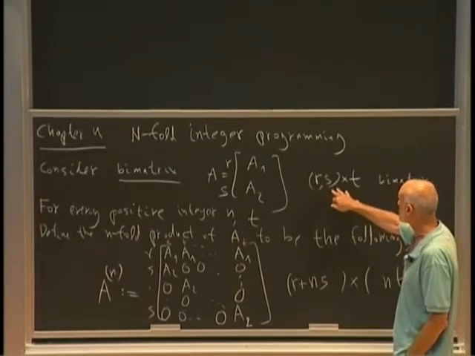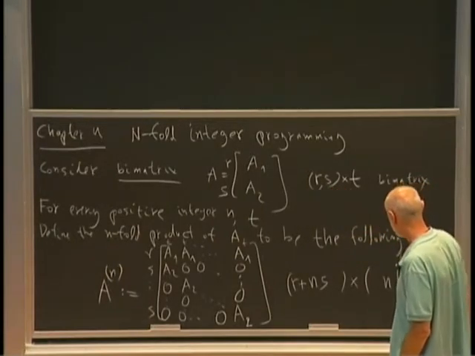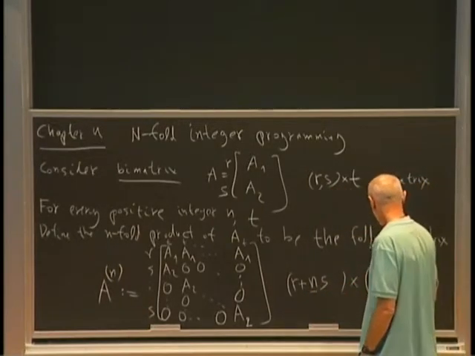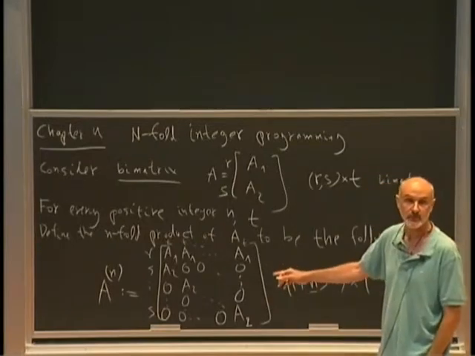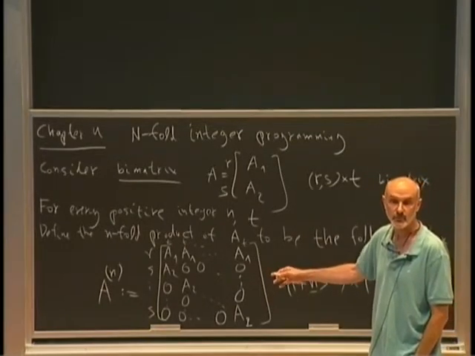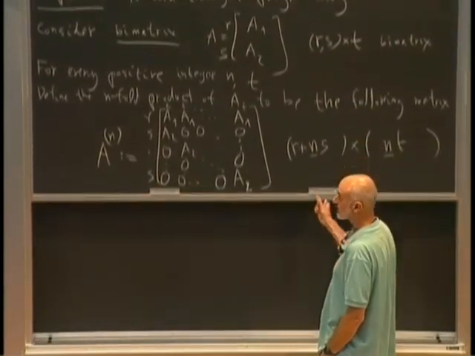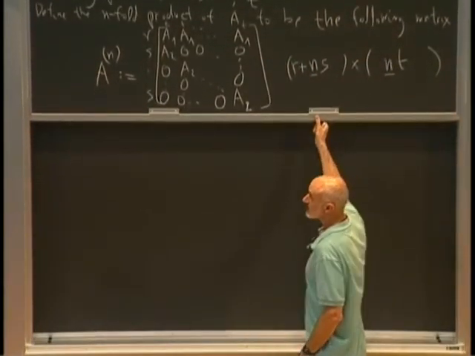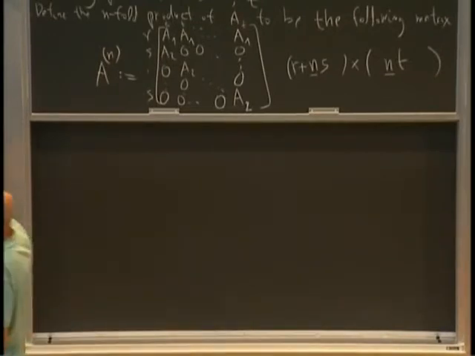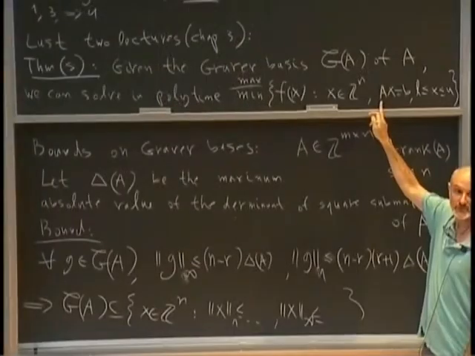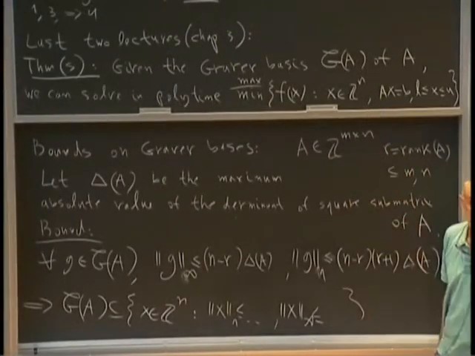There are still lots of things to explore here. But think about this bimatrix as being fixed, and n is variable. Then this matrix has variable number of rows and columns. It's a large matrix. An n-fold integer programming problem looks almost like a general linear program, but instead of A, we have an n-fold matrix.